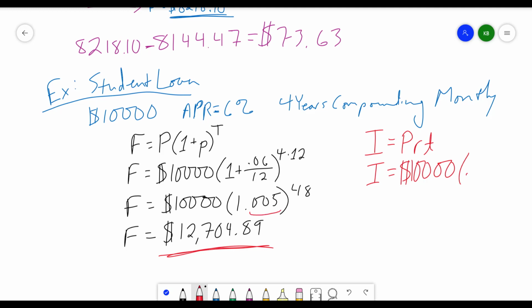So we multiply times 0.005. And our term, if we just want to know how much we'll have to pay in 1 month, is 1 month. If I multiply this out, I figure out that for $50 a month, I cannot owe an additional $2,704 at the end of my 4 years.